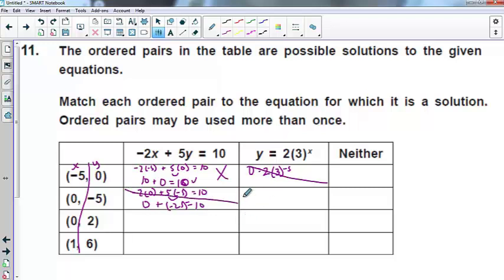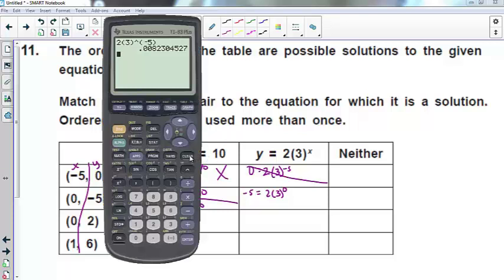If I plug it in here, I have -5 equals 2 times 3 raised to the power of 0. What is anything raised to the power of 0 equal to? No! 1. Anything raised to the power of 0 is equal to 1. Just a little refresher on that.